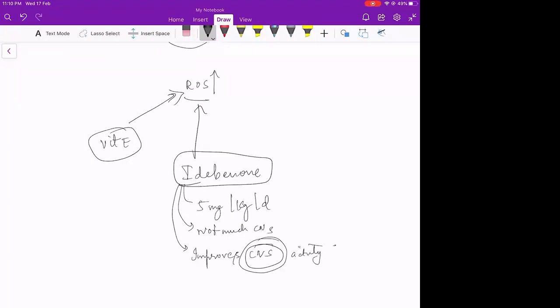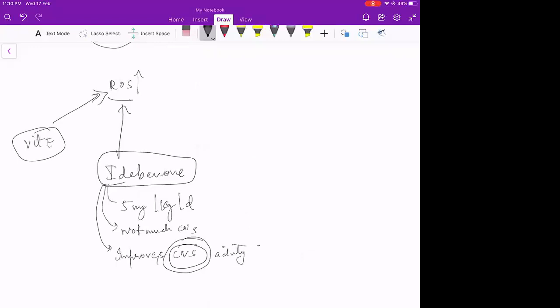Patients mostly will have GI side effects when we give this drug. And an iron chelator also has been tried, but it has not shown much benefit.